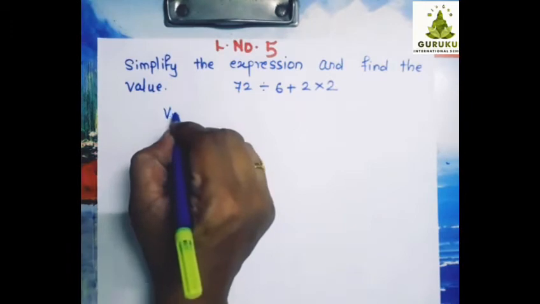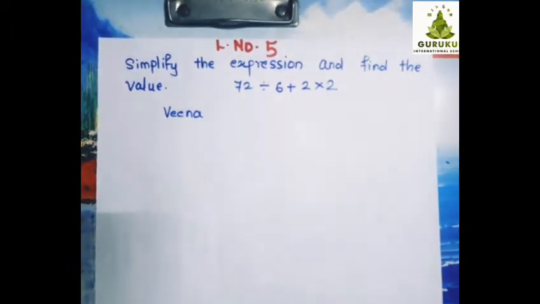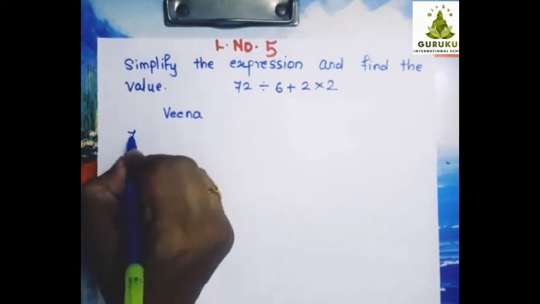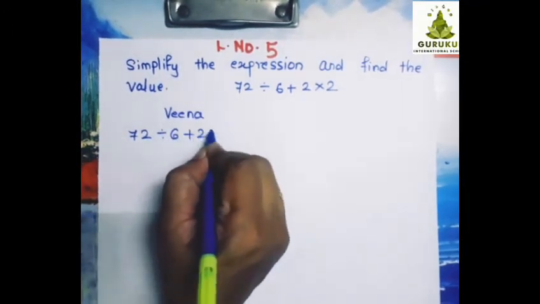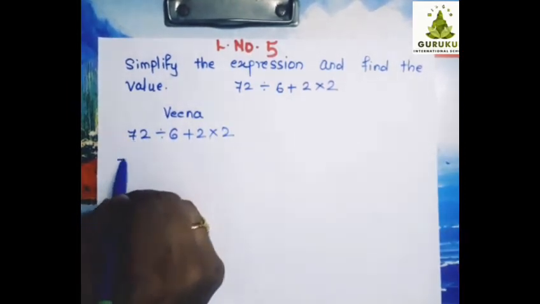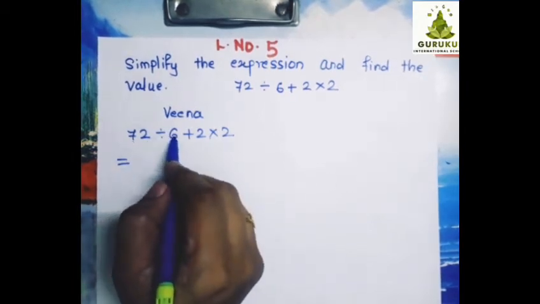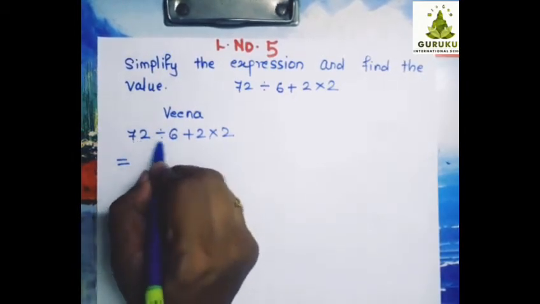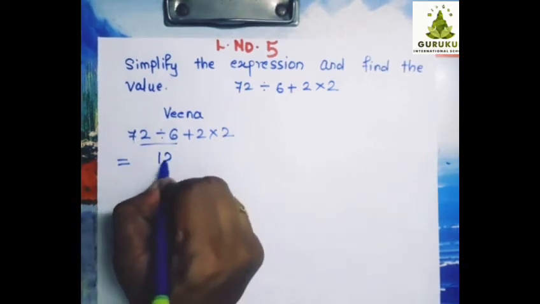One is, suppose, Veena, and she started solving this sum. Let us see how Veena tried to solve it. First of all, she divided 72 by 6. 12 sixes are 72, so 72 divided by 6 will be 12.